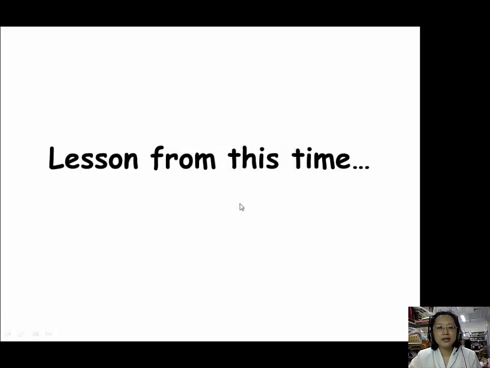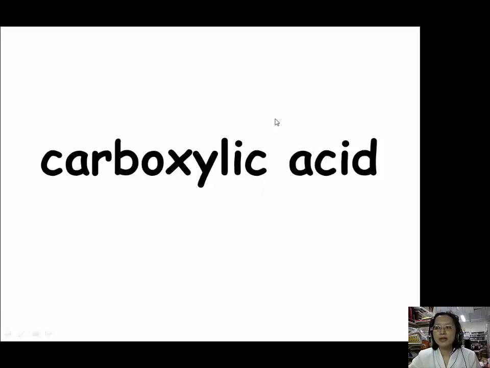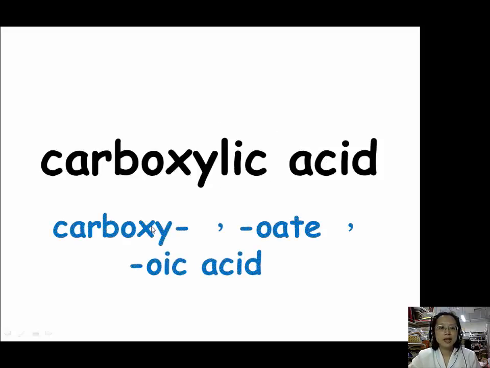Now we finish lesson 17. Let's review what we've learned this time. For carboxylic acid, we have carboxy as the prefix and the suffix oate and oic acid.